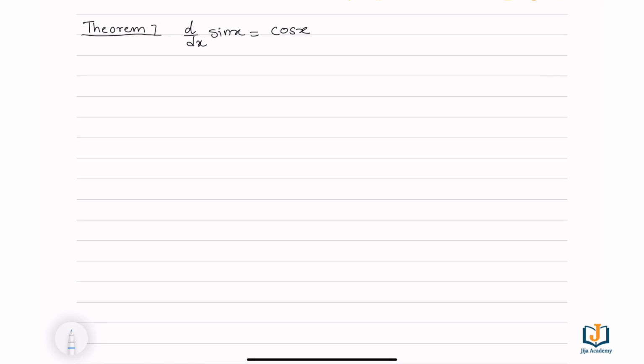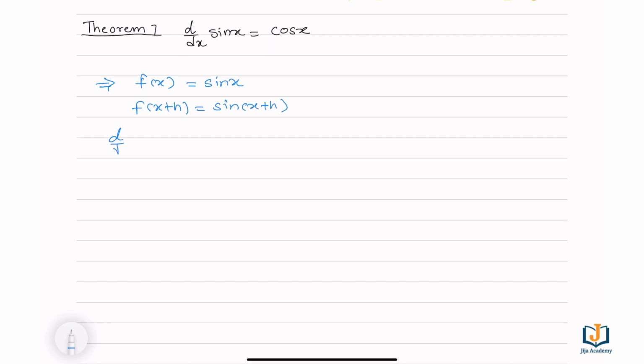Now theorem 7 is the differentiation of sin x is equal to cos x. Here f of x is equal to sin x, f of x plus h is equal to sin (x plus h).